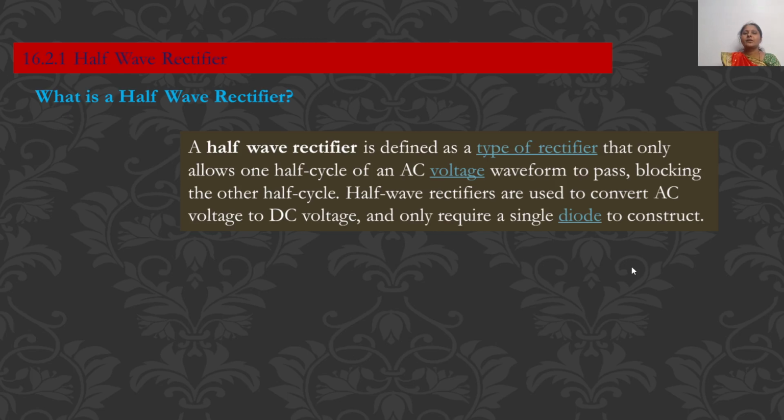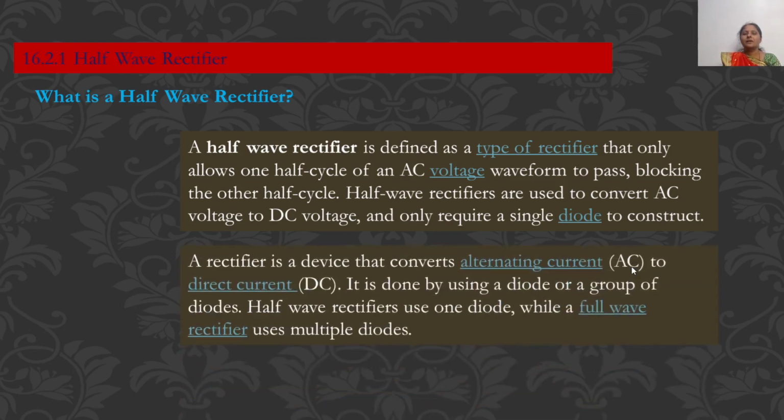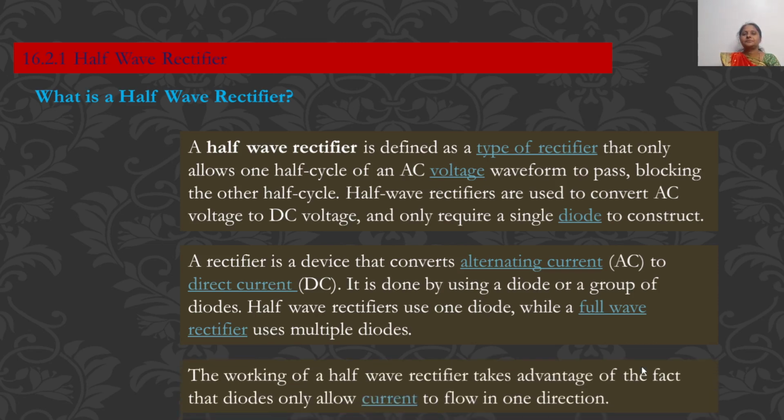Half wave rectifiers are used to convert AC voltage to DC voltage and only require a single diode to construct. A rectifier is a device that converts alternating current to direct current. It is done by using a diode or group of diodes. A half wave rectifier uses one diode while a full wave rectifier uses multiple diodes. Clear here, half wave rectifier uses a single diode.